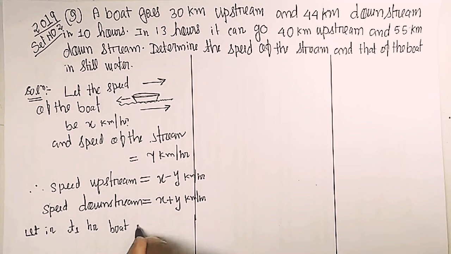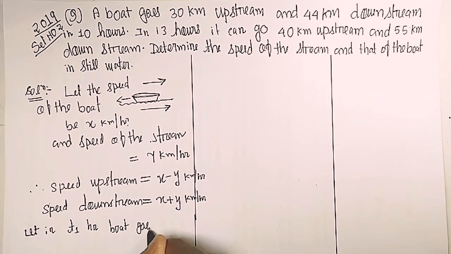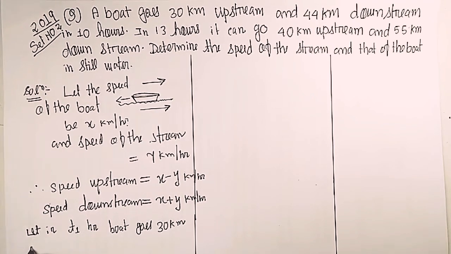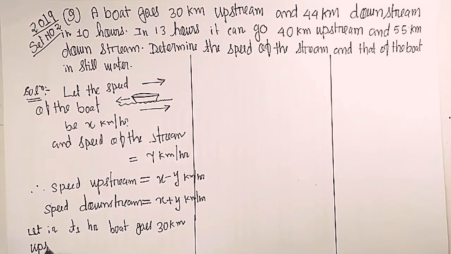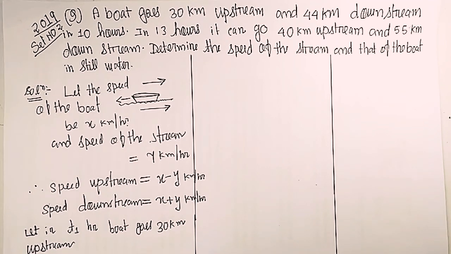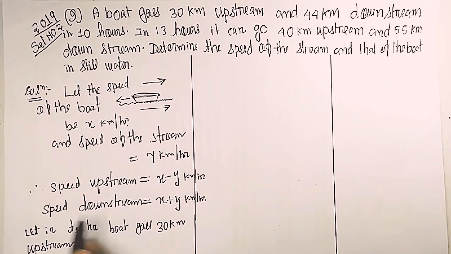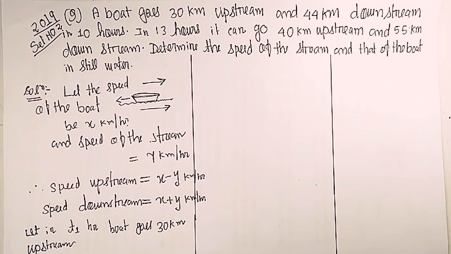So for 30 kilometer upstream, the speed upstream will be x minus y.